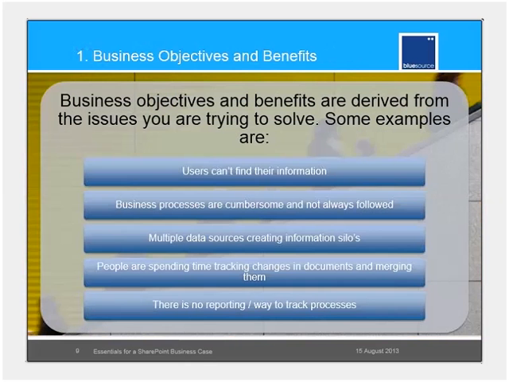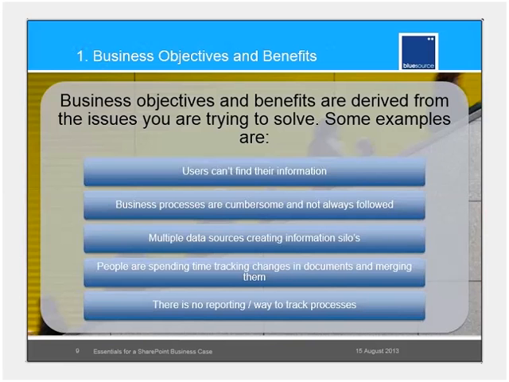Starting with, surprise, surprise, business objectives and benefits. Business objectives and benefits are probably where, when we're talking to our customers, this is where people really get stuck. Coming up with what the benefits are of SharePoint, and this ties in later into return on investment.